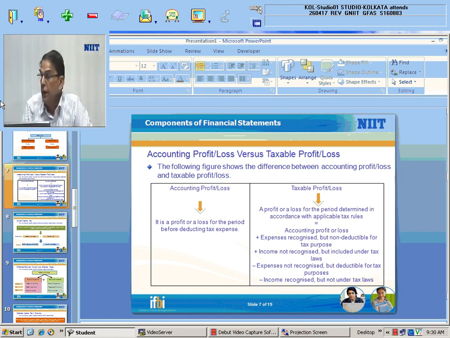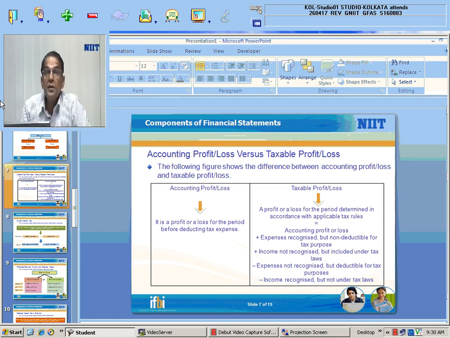In arriving at the accounting profit or loss, we have taken into account certain expenses. Some of these expenses may not be deductible for tax purpose. So those expenses have to be added back. Expenses which have been recognized while determining the accounting profit and loss, but which are non-deductible for tax purpose, have to be added back.